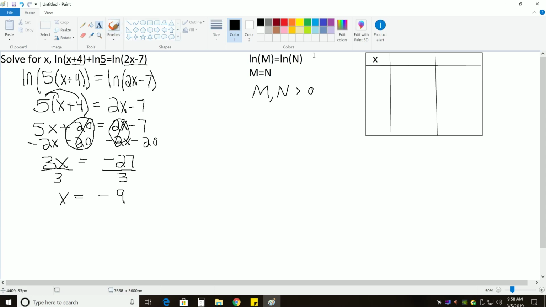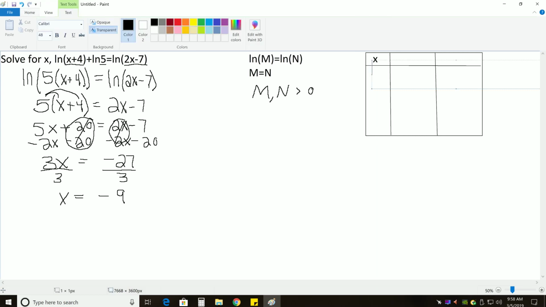So this is where our table comes in. We start our table with just our x values, which in this case we only had one of them, which was negative 9. And now we need to check each of our natural logs. So we have x plus 4 for our first one.